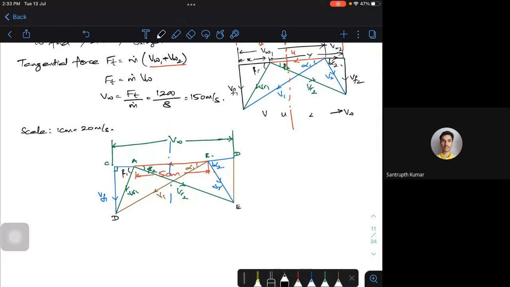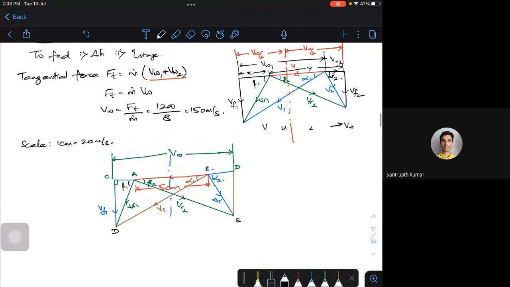Rather than that, you can just go on, because here VW1 and VW2 are different in value. But if I calculate the center point, which we call 0 or something, from the center point VW is at an equal distance. To the left hand side it is 75 meters per second, to the right hand side it is 75, so the total is 150 meters per second.